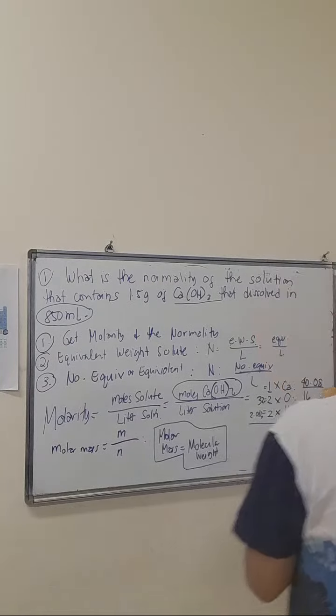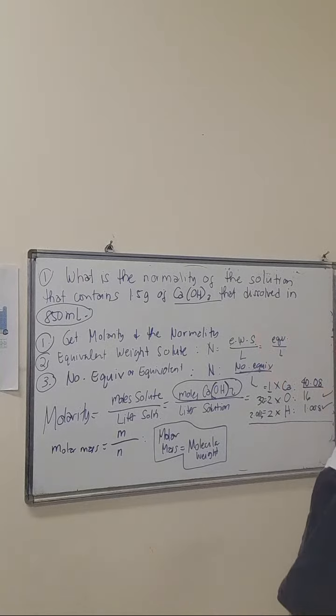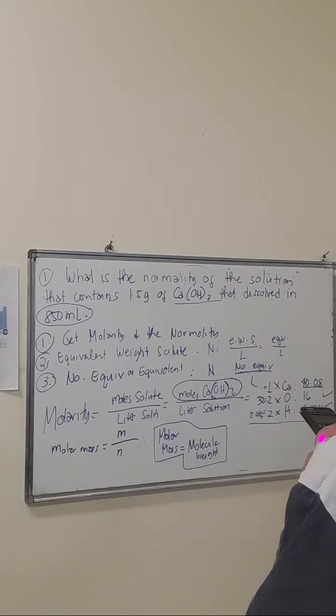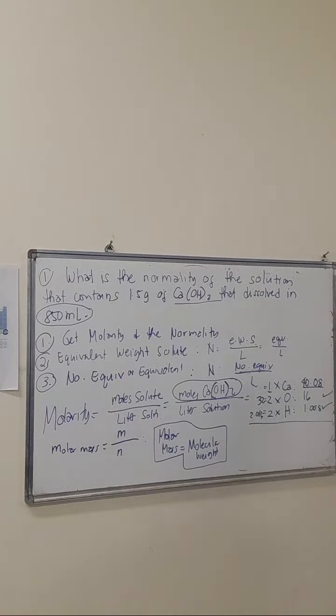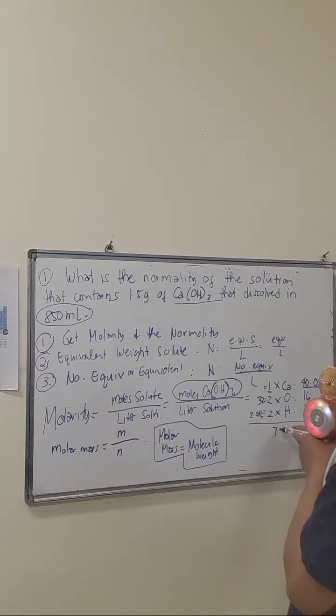We have 74.096. 74.096 grams per mole. So this is our molar mass.